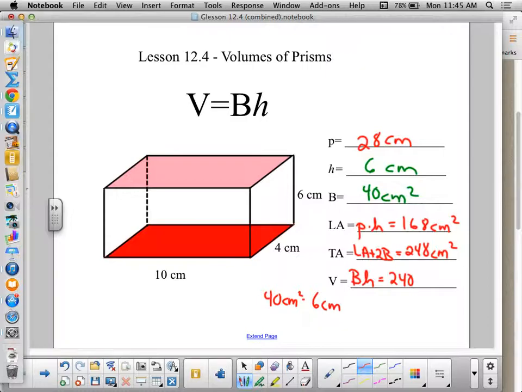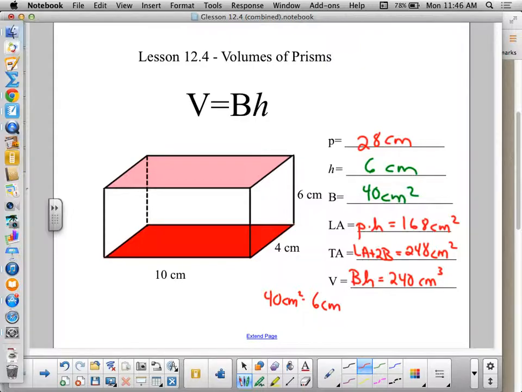But I take centimeters squared times centimeters, I'm going to wind up with centimeters cubed. Because volume is measured in centimeters or meters or inches or whatever, cubed. Cubic units. Because that's volume. Volume is units cubed. Because an area times a length. So you get a unit squared times unit gives you units cubed.